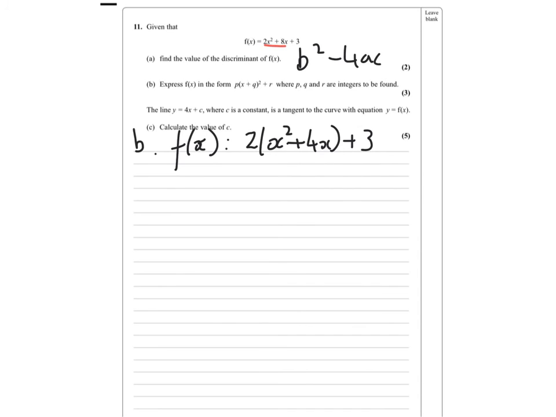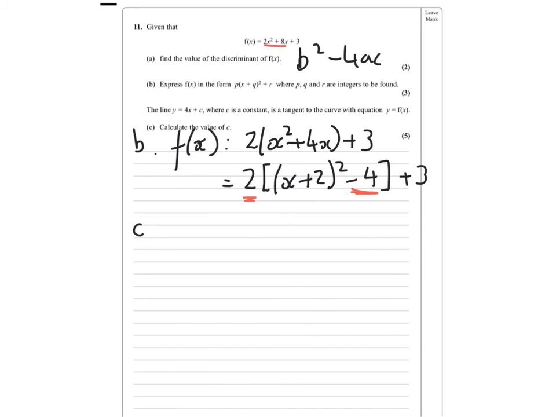Alright, now I'm going to say this, so it's 2, and then I'm going to use the square brackets, x plus 2 all squared, take away the square of the number in the brackets, and then you should simplify. When this negative 4 comes out of this big square brackets, don't forget to double it because you've got the 2 on the outside there.